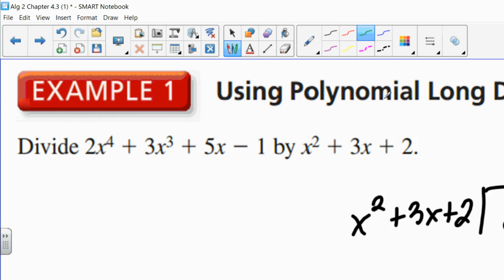Now the x squared, there's a way that we can kind of get to it without having to think too much about it. On the outside, what we're dividing by has how many terms? 3, yes? Because we have the x squared, 3x, and 2, yes? Starting at 2x to the fourth, if I go over 3 counting it, because 2x to the fourth would be 1, 3x cubed would be 2, and our third term would be the 0x squared, yes?